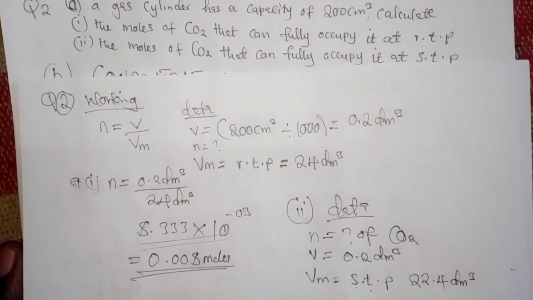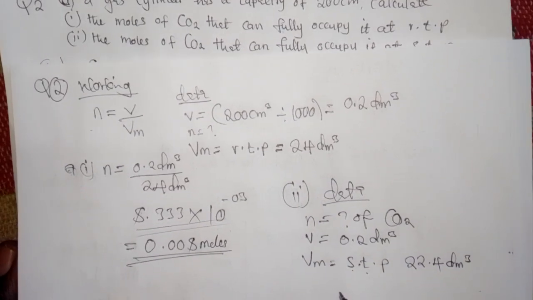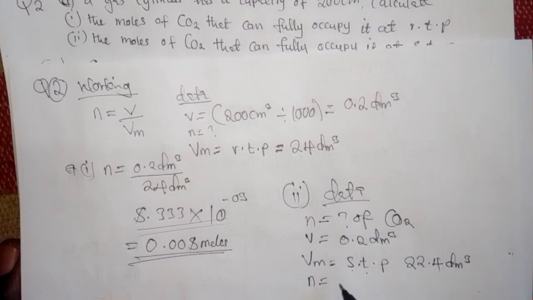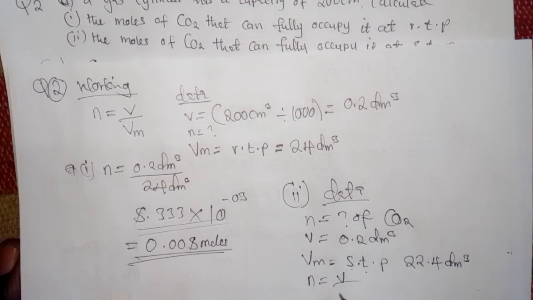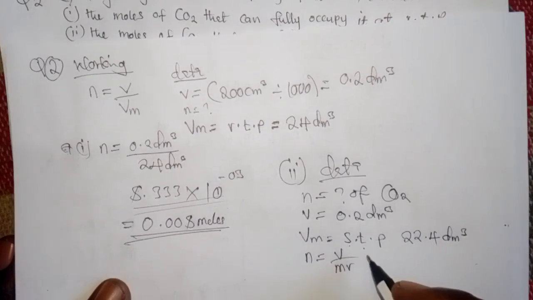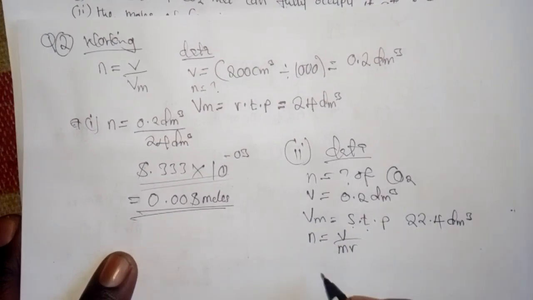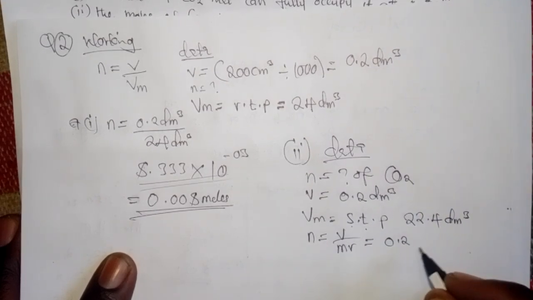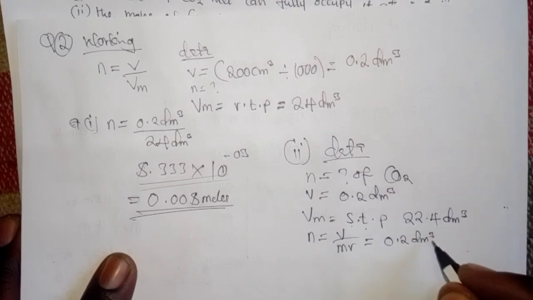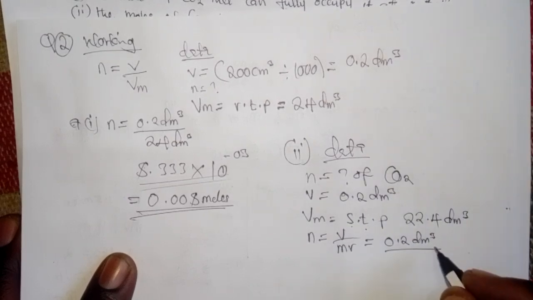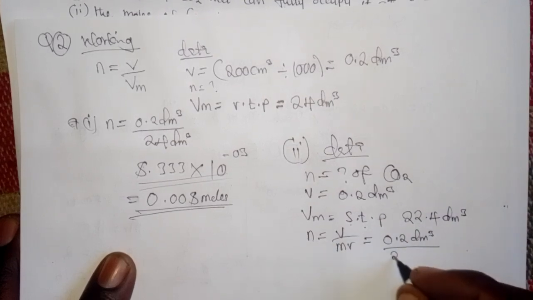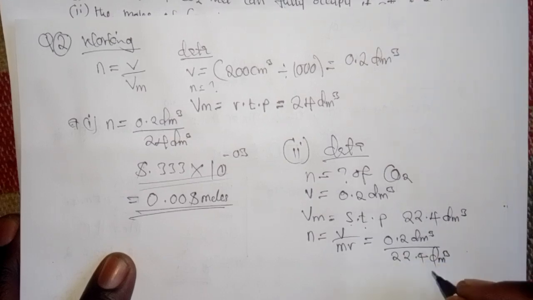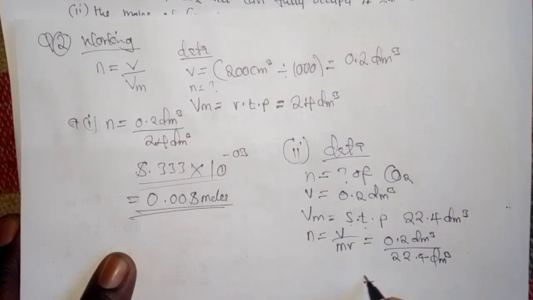Then how do we find the number of moles? The number of moles of carbon dioxide is volume over molar volume. The volume is 0.2 decimeter cubed divided by the molar volume, 22.4 decimeter cubed. Then what is our final answer?